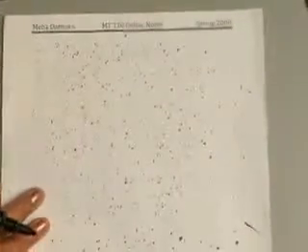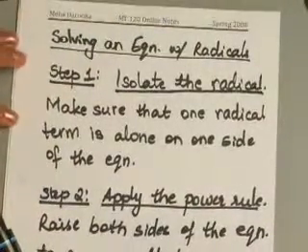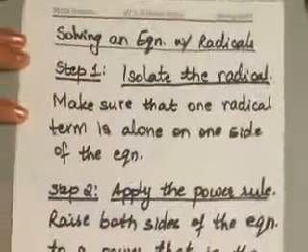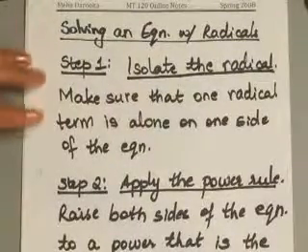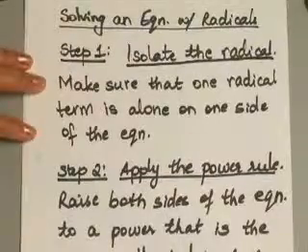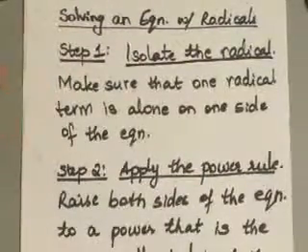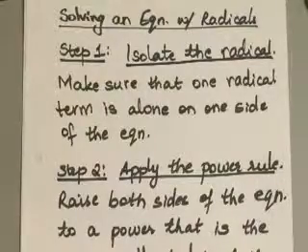So let's take a quick look at the steps involved in solving an equation that has radicals. The first step is you isolate your radical, which means make sure that only one radical term is alone on one side of the equation. So if you ended up with 2 radical terms in your equation, move one to one side and the other to the other side.